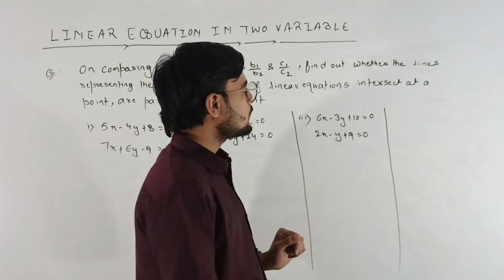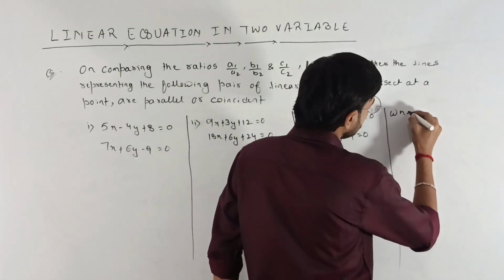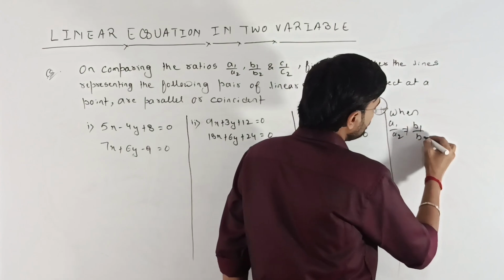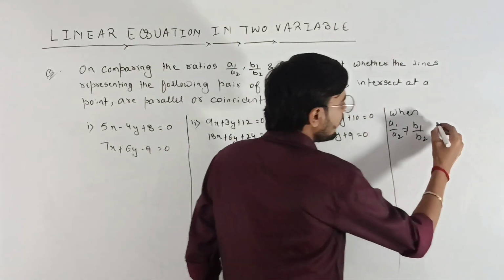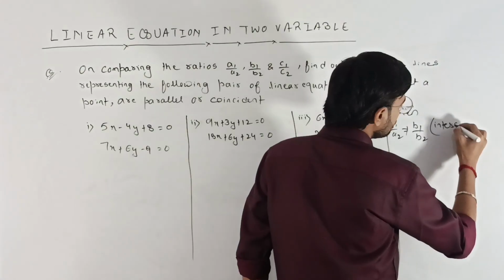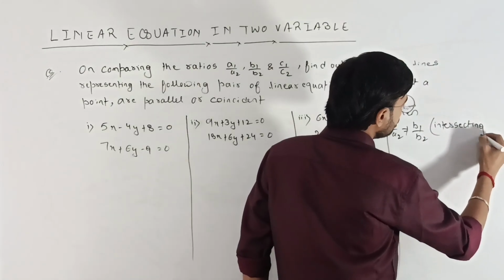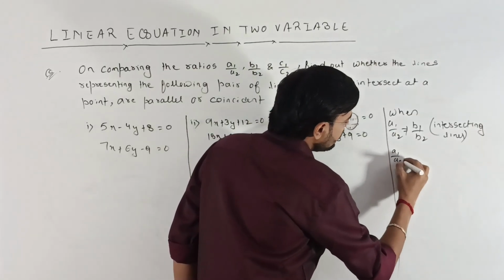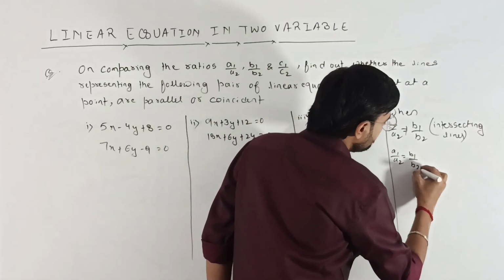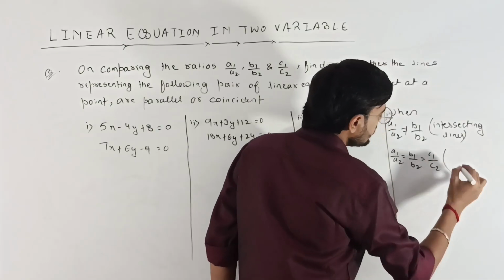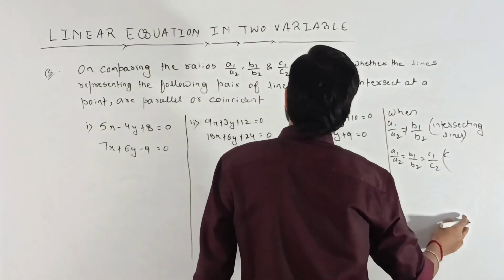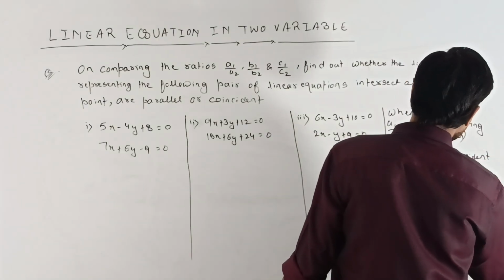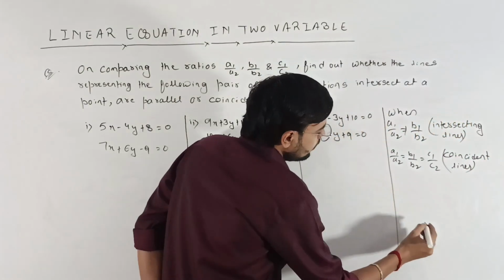So first we see what the conditions are. When a1 upon a2 is not equal to b1 upon b2, then in this case the graph is intersecting lines. Now when a1 upon a2 is equal to b1 upon b2 is equal to c1 upon c2, then in this case the graph is coincident lines. Now the third case is what?